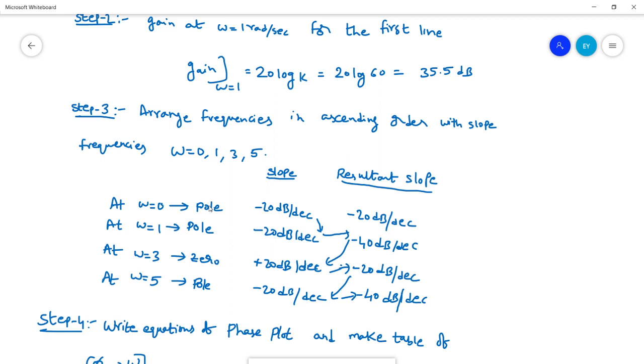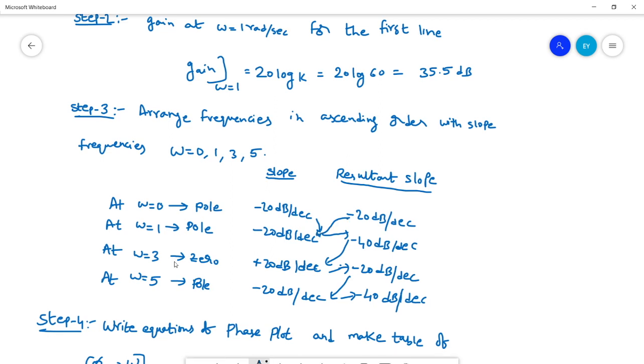Then the next corner frequency is where we have a zero. The zero is contributing 20 dB per decade. So from the previous resultant of minus 40, add 20 dB, and we get minus 20 dB per decade. Then again take that minus 20 dB per decade, add it to the next corner frequency, that is minus 20 dB per decade, and the resultant will be minus 40 dB per decade.